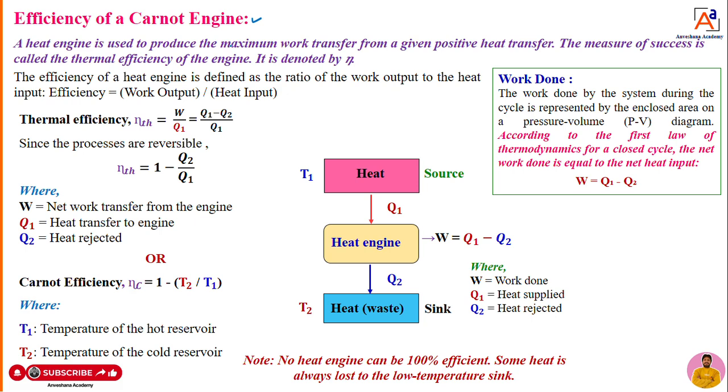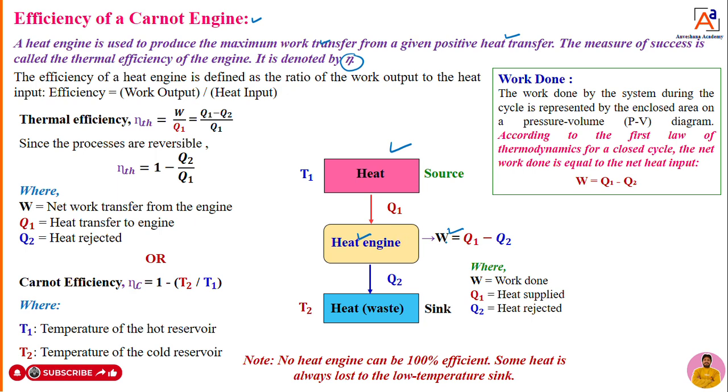A heat engine is used to produce maximum work transfer from a given positive heat transfer. The measure of success is called the thermal efficiency of an engine, and it is denoted by eta. That means he has considered a heat engine, supplied heat to the engine with the help of a heat source, and theoretically the engine is doing maximum work with the supplied heat.